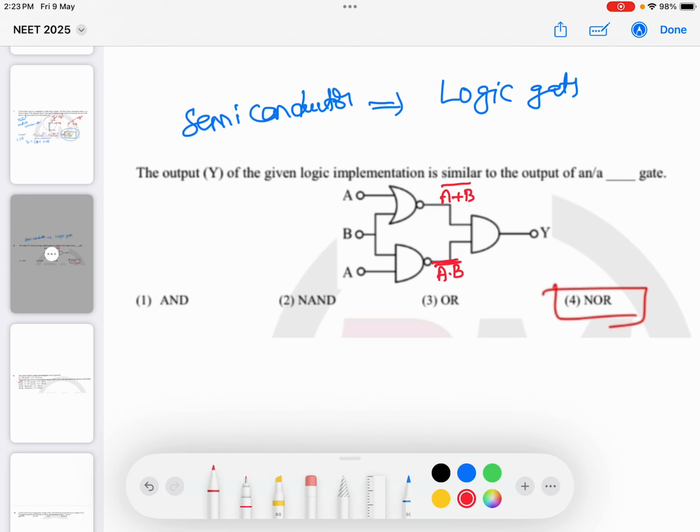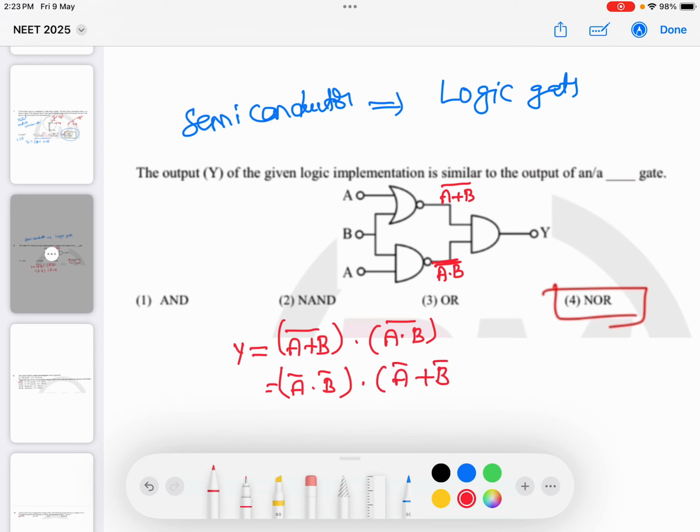These two are taken as input for an AND gate. Then your ultimate output is (A or B) complement and (A and B) complement. So you can expand it: A complement and B complement, and (A complement or B complement).